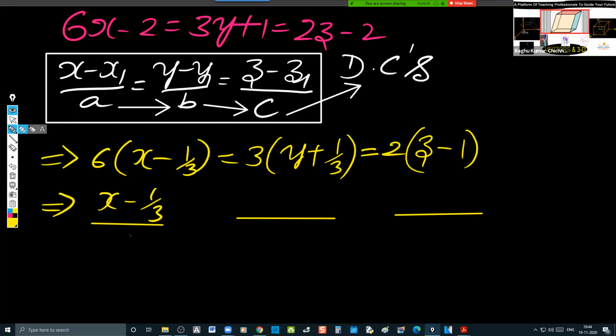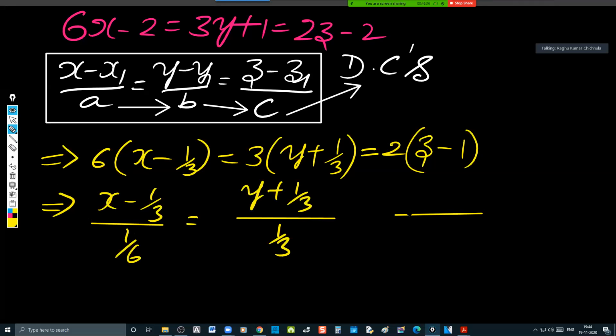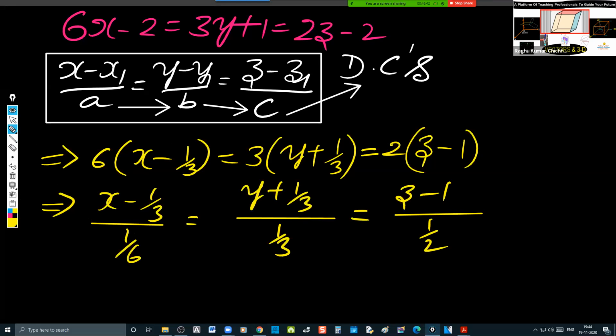This will be 1 by 6, this will be 1 by 3, this will be 1 by 2. Now, what are the DRs? 1 by 6, 1 by 3, 1 by 2. To make them numbers, what you do is take the LCM of 6, 3, 2. What is the LCM of 6, 3, 2, please?